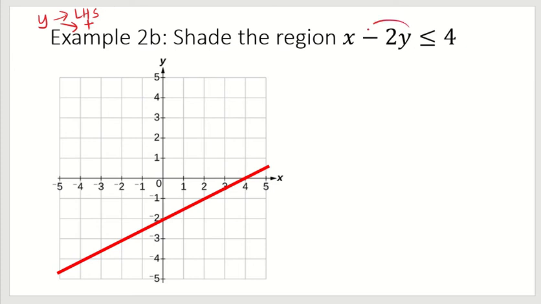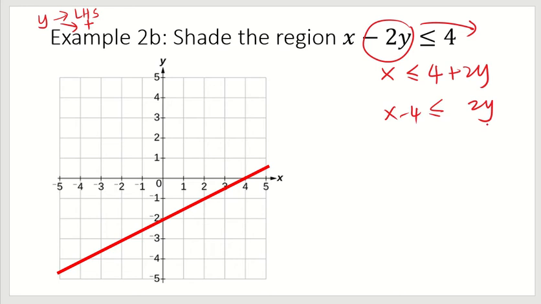How are you going to do? You have to move it to another side first. x plus 2y, do this first. Then 2y equals x minus 4. Then you change the sign, left to right, right to left again. So 2y, this one is bigger, right?